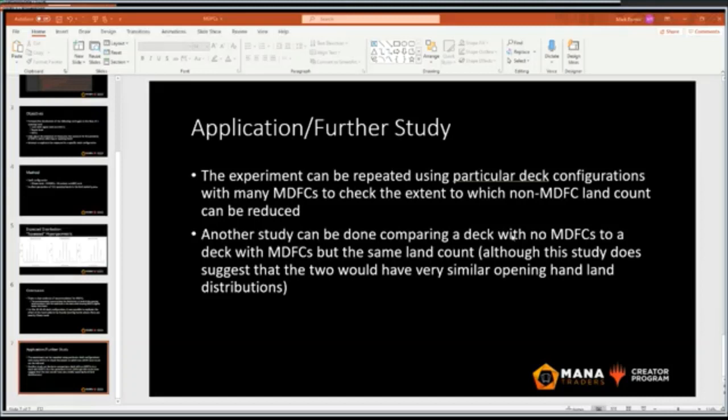Well, that actually changes in best of 1. The 24 lands suggested by, for example, the deck builder changes in best of 1 even without the modal double faced cards. It changes based on what deck you want to run.